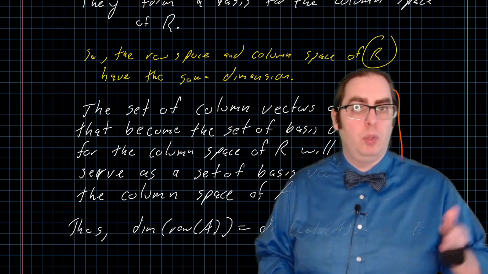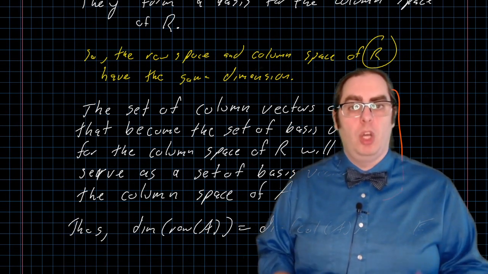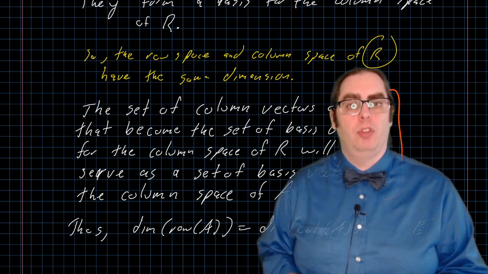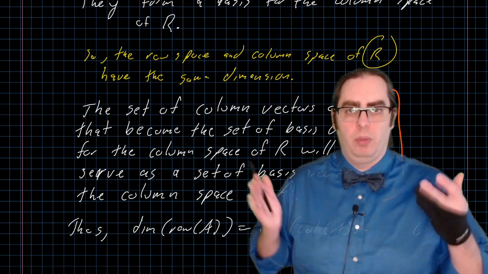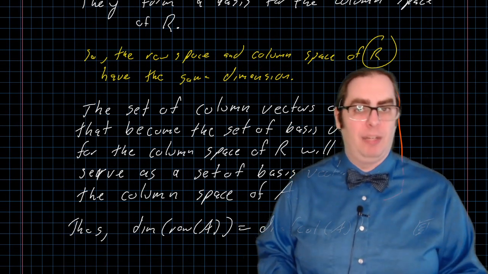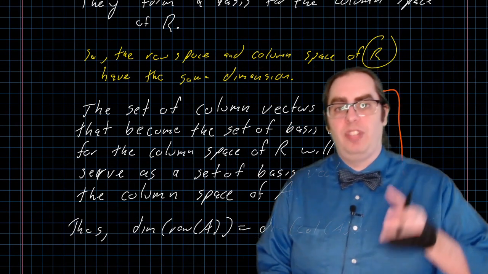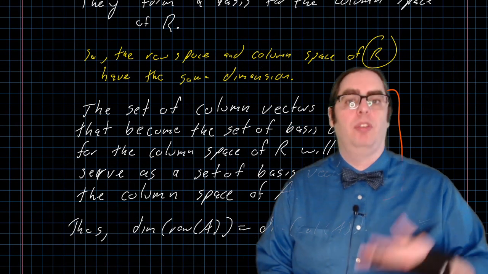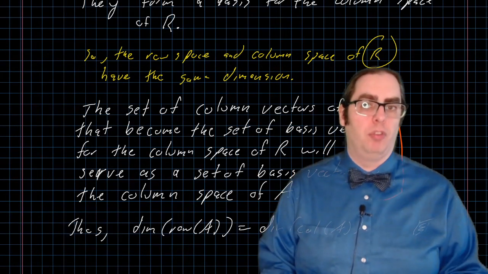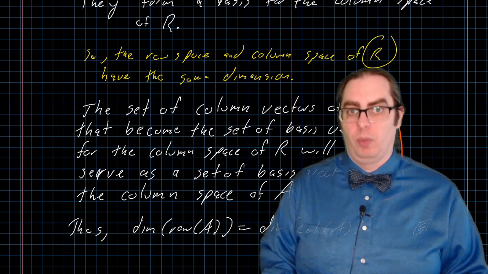We can take note of which columns form the basis vectors because they are the leading entries in reduced row echelon form, and then take the columns in the same position in the original matrix, and those will be the basis for the column space of the original matrix.